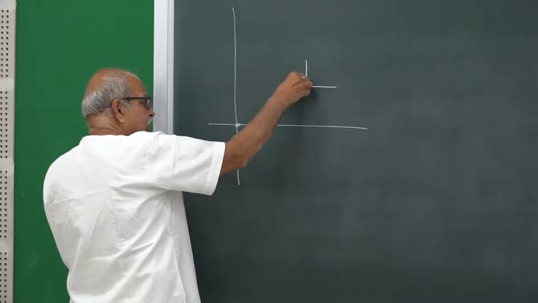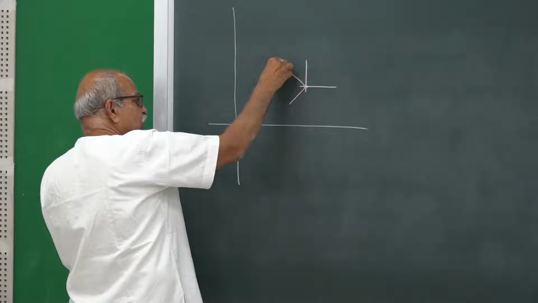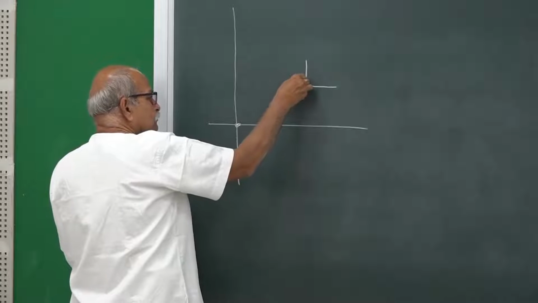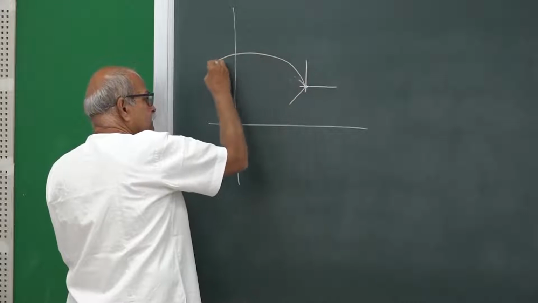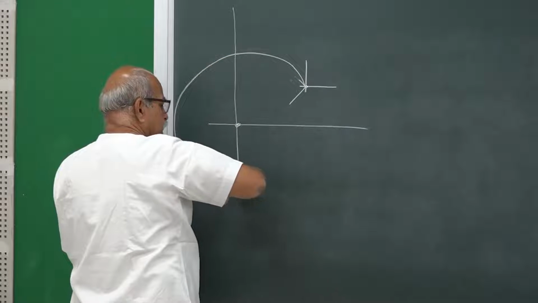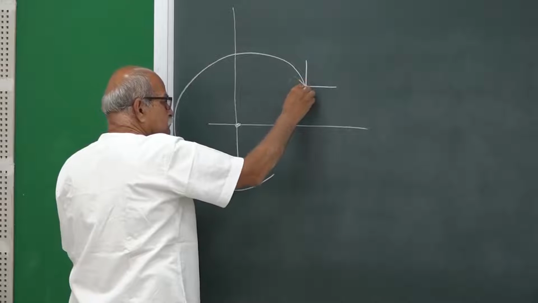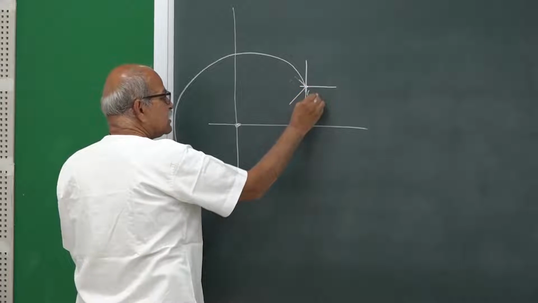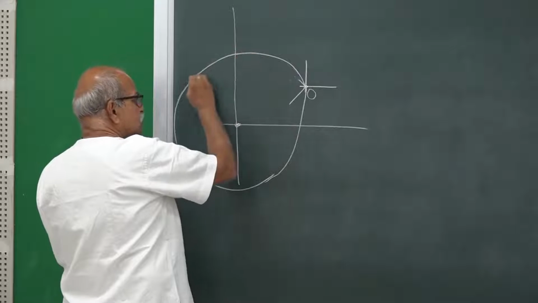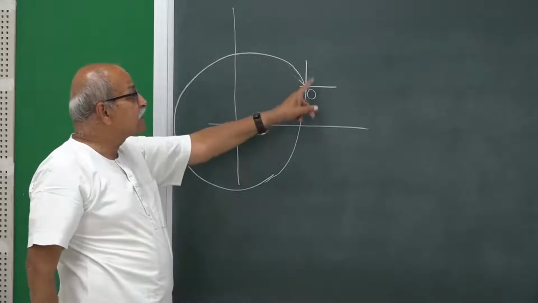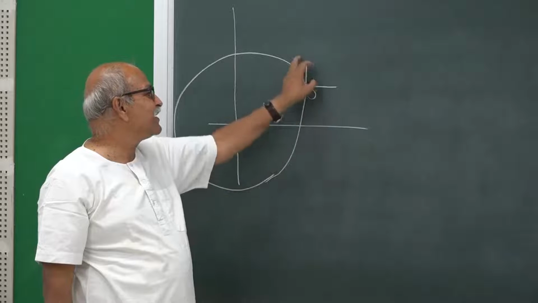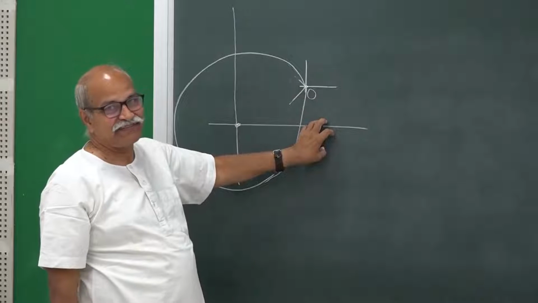So, let me draw a circle like this. This origin goes on this circle, but the direction of the axes remain fixed in this frame of reference.